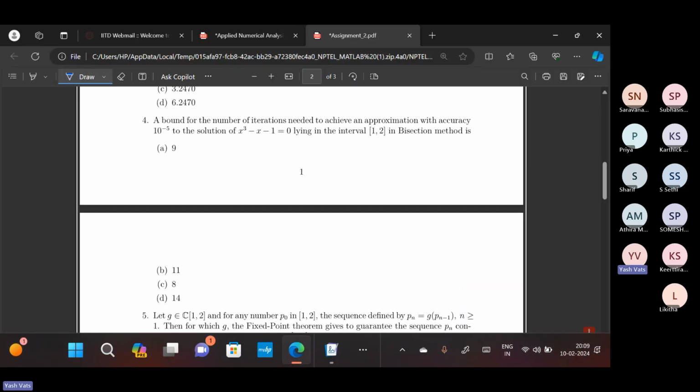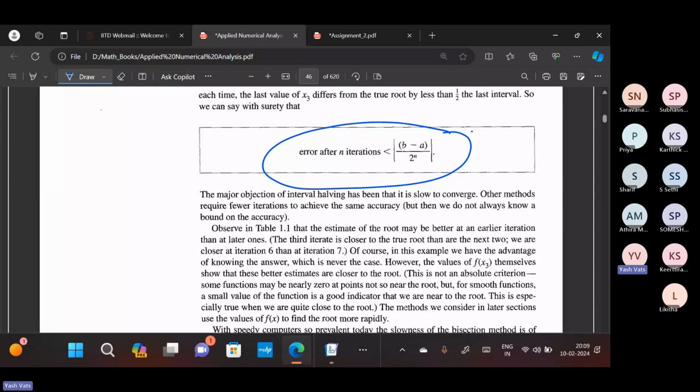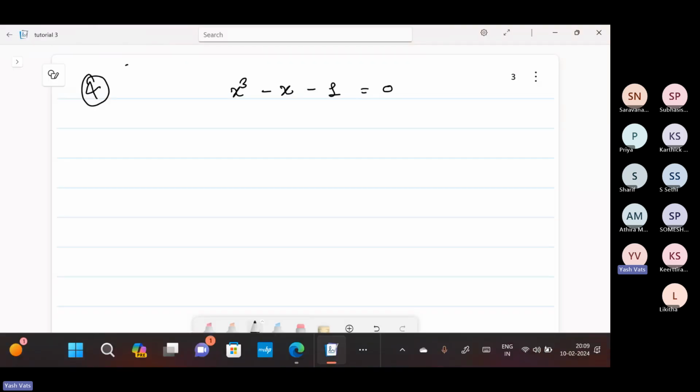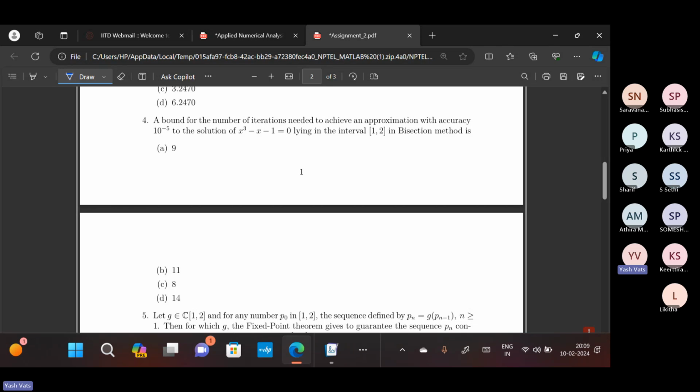So what is the formula? Error after n iterations should be less than mod b minus a by 2 to the power n. What is the value of b here? b is 2 and a is 1, right?